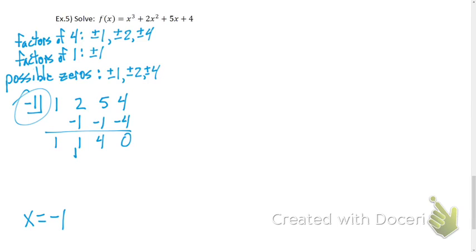Because when I write down this in polynomial form, I see that it is not factorable. There are not 2 numbers that multiply to 4, but add up to 1. So we're done. That's it. The rest are imaginary or irrational.